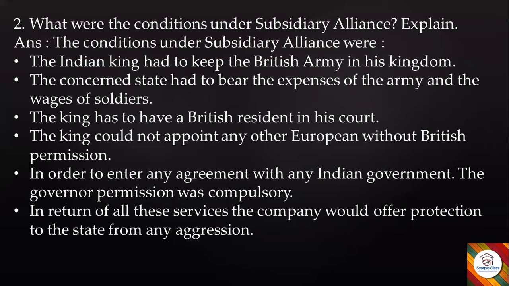The king could not appoint any other European without British permission. In order to enter any agreement with any Indian government, the governor's permission was compulsory. In return of all these services, the company would offer protection to the state from any aggression. So these were the conditions or policies under subsidiary alliance.